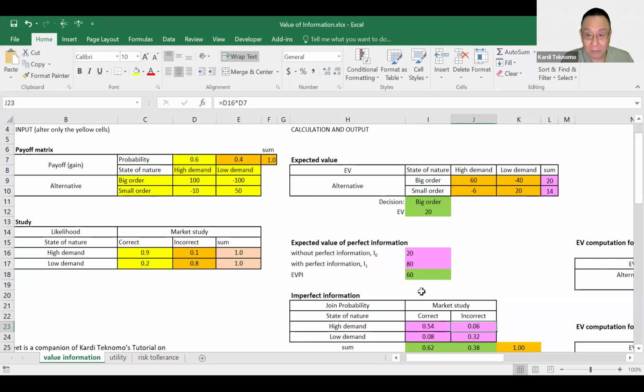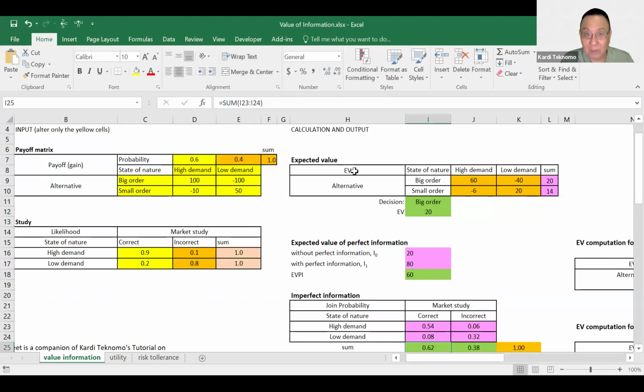And then here, this is incorrect, and then multiply by high demand, 0.6. This one is low demand and correct, so the probability of low demand here, then correct. And here, this is low demand and incorrect. Multiply 0.8 by 0.4.